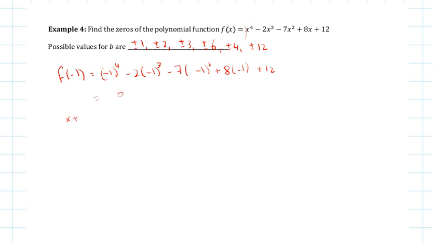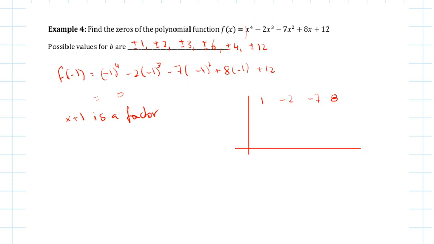In order for me to factor this, I'm going to use synthetic division. Again, in this case, because we are dealing with x plus 1, which is degree 1, it's linear, I can do that. I have 1, negative 2, negative 7, 8, and 12, and my factor here is negative 1.